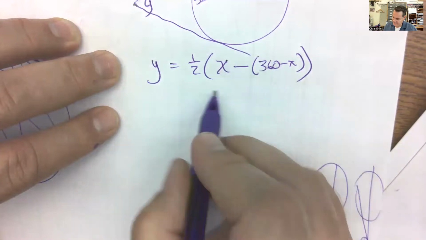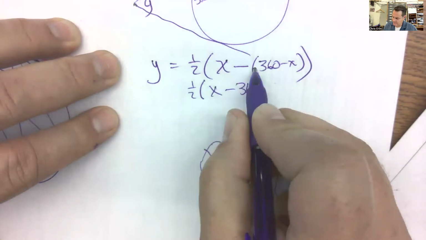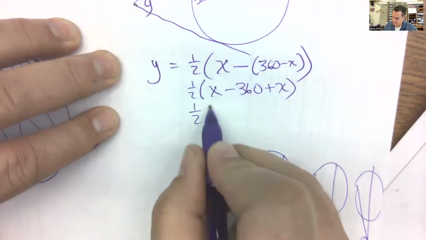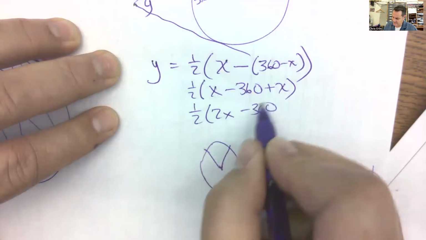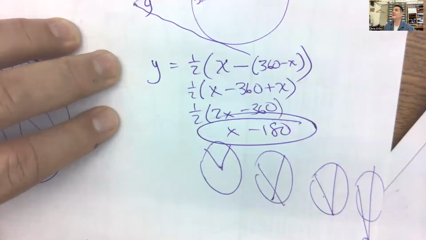Let's distribute the minus. Distributing a minus over a negative X would make it positive X. So 2X minus 360, take half of that and we get X minus 180 in all cases.